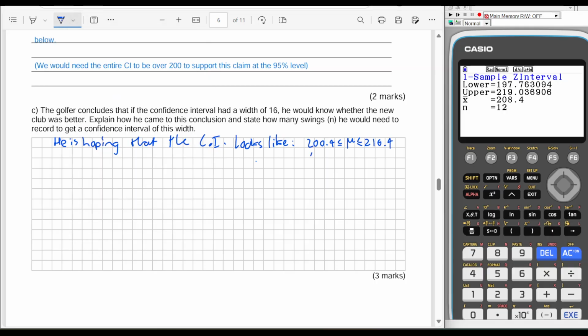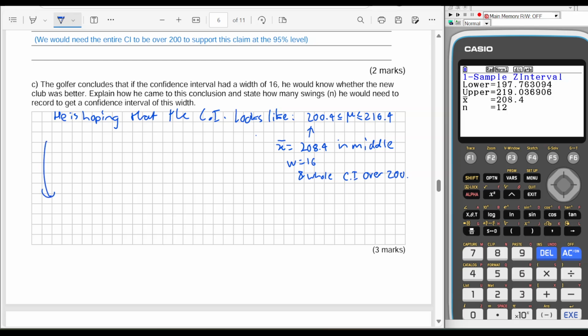So 208.4 is X bar in the middle. The width is 16 and the whole CI is over 200. So that's what he would like to actually conclude.